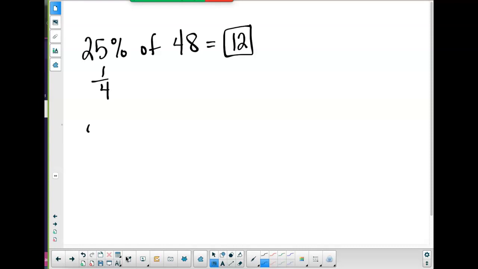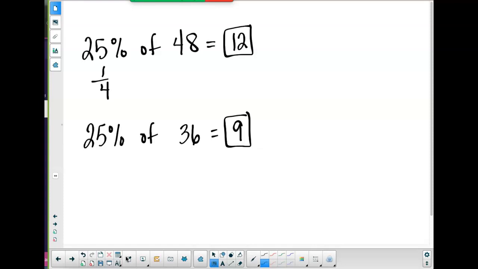Okay, what would be 25% of 36? Tyler: 9. 36 divided by 4 is 9.